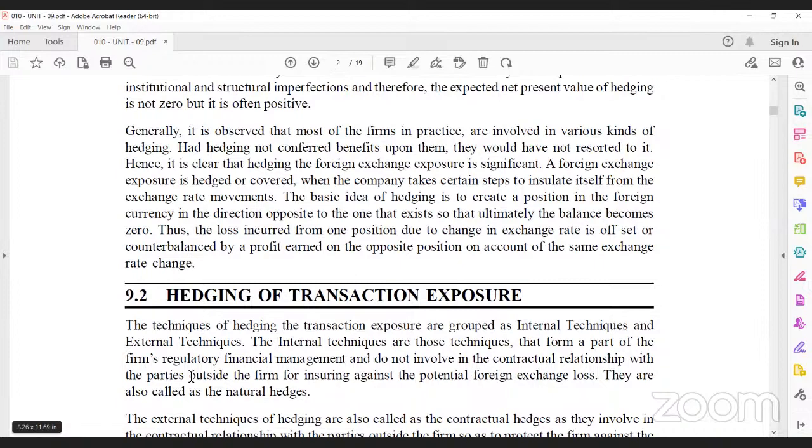Thus, even if a loss is incurred from one position due to a change in exchange rate, it is offset, counterbalanced by a profit earned on the opposite position on account of the same exchange rate change.